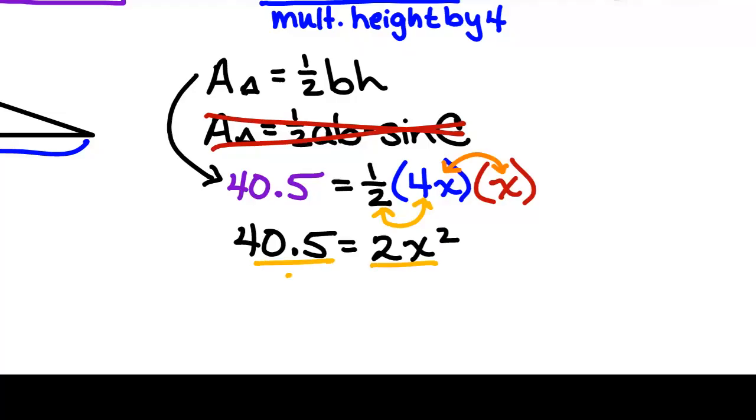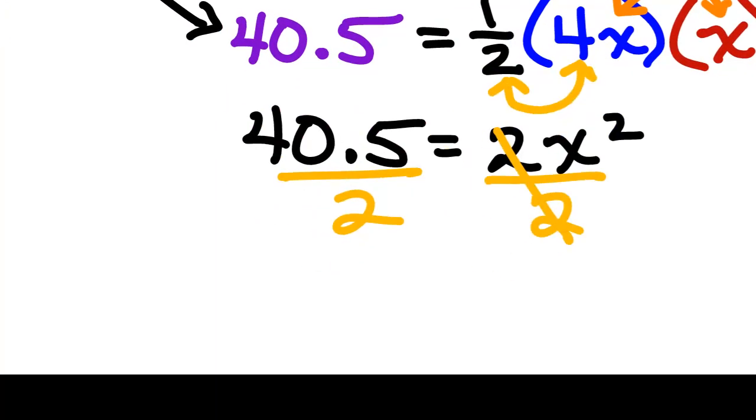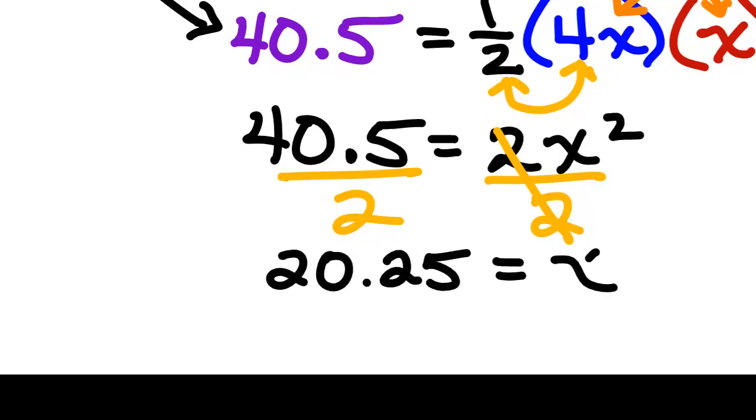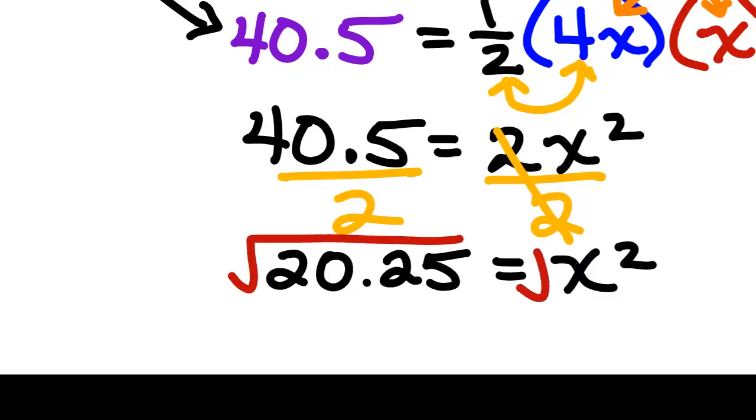We're going to divide both sides by 2. What is 40.5 divided by 2? 20.25 equals x squared. And then we're going to square root both sides.